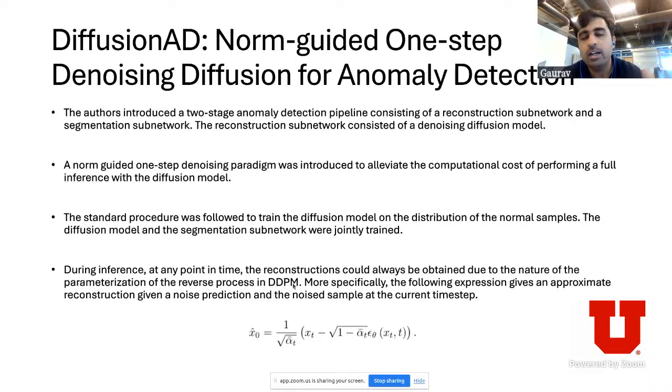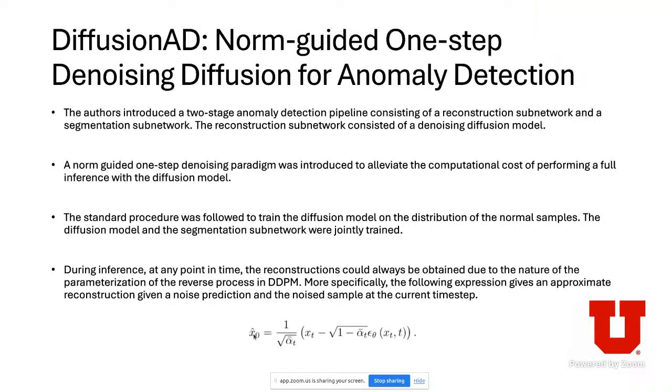This is a particular advantage of the DDPM model that the authors are taking, which is to say that, more specifically, the following expression gives an approximate reconstruction given a noise prediction and the noise sampled at the current time step. So this is just an advantage of the reverse process, and the way the reverse process is structured to give a prediction.